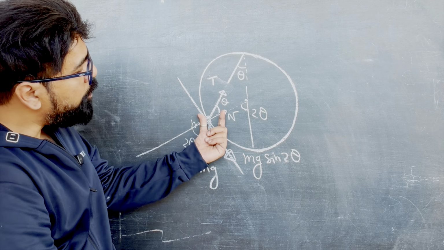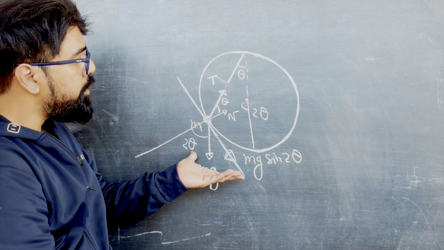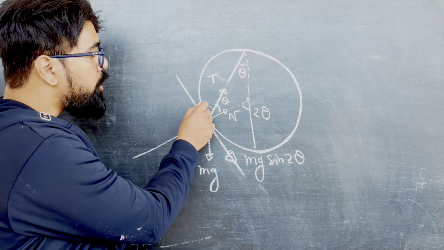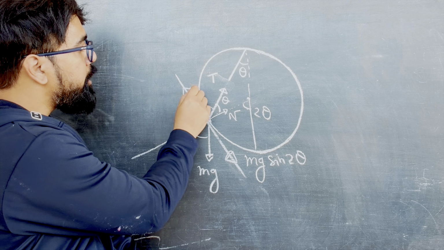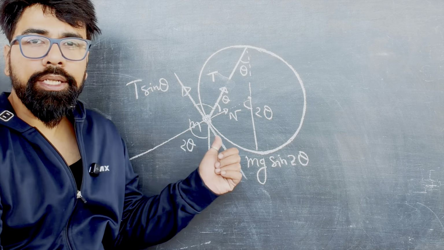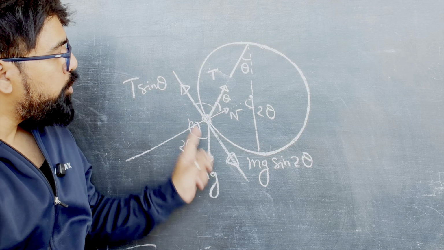What is the component of the normal reaction along the tangent? Obviously 0, because the normal reaction is perpendicular to the tangent. And the component of the tension along the tangent is T sine theta. For the bead to be at rest on this vertical ring, the tangential force must be balanced.